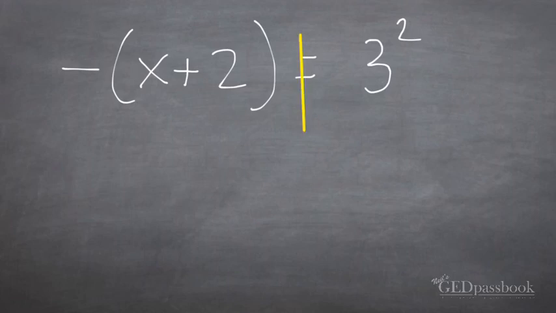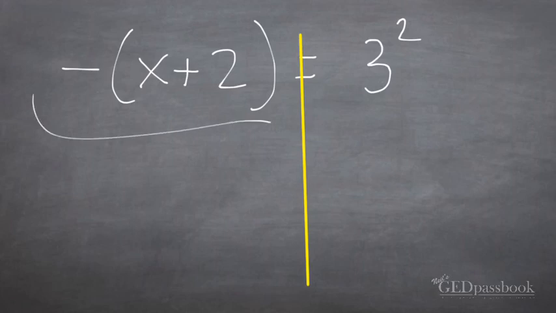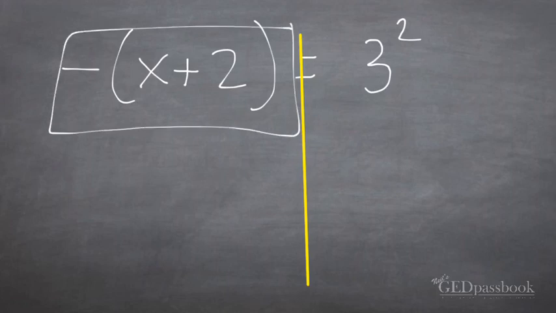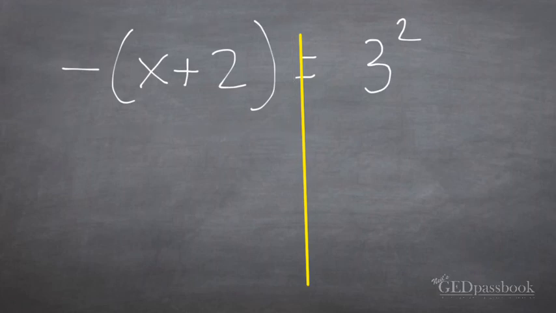So, split the worlds. Let's do this side first. Is there anything I could do on this side? What can I do? This side right here. Well, think about it.